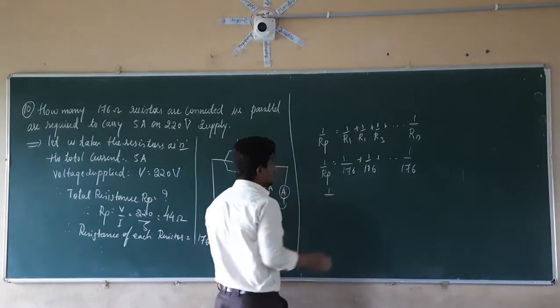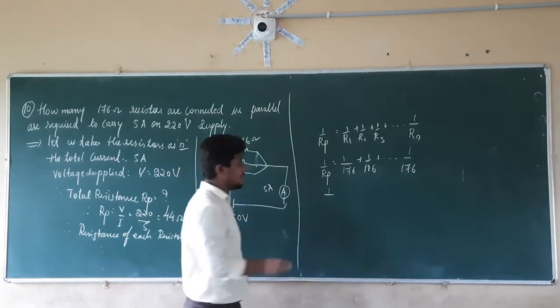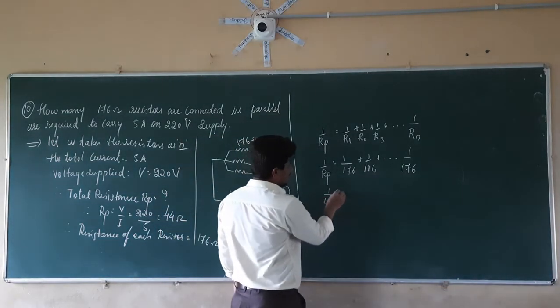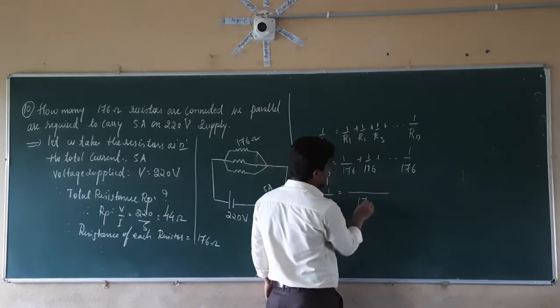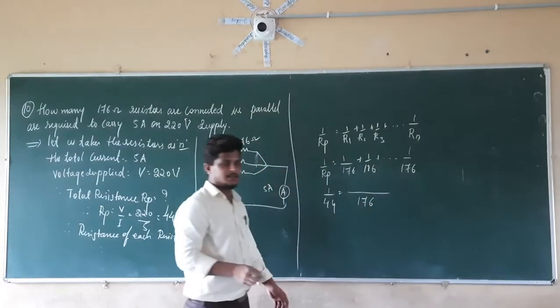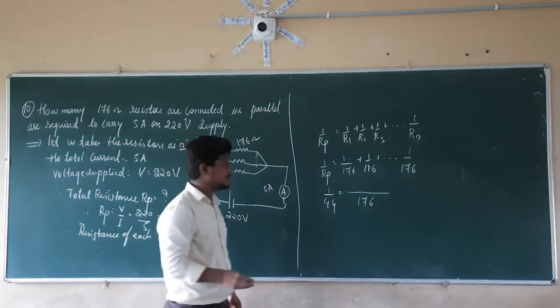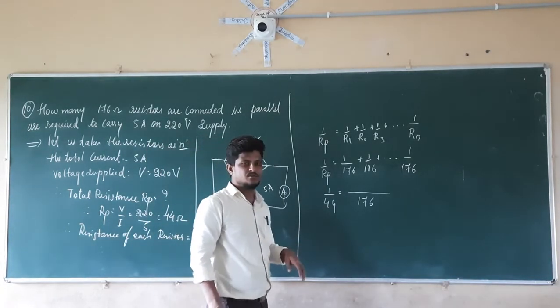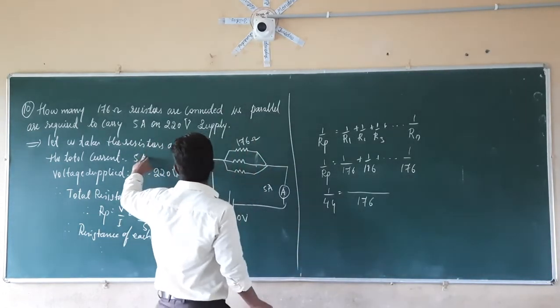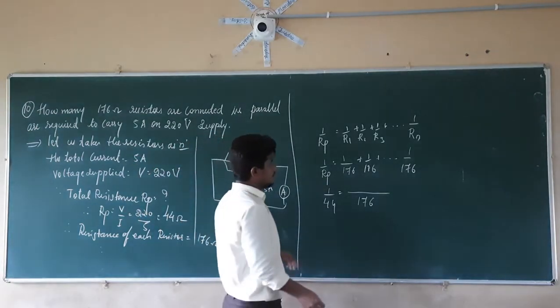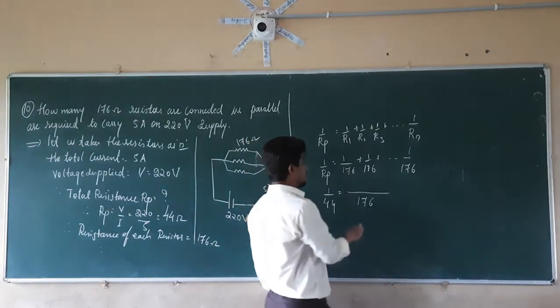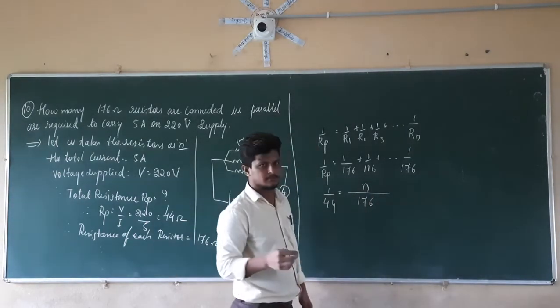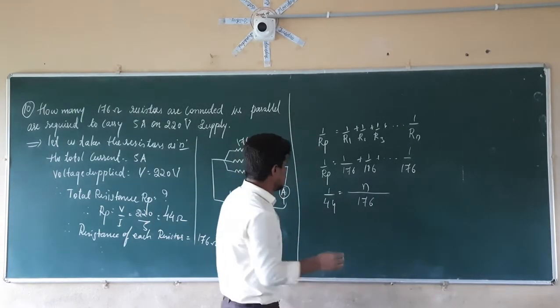Therefore 1 by Rp, which is 1 by 44, is equal to, since the LCM is the same, it will become n by 176, where we take the number of resistors as n. If we add everything, it gives the value of n only.